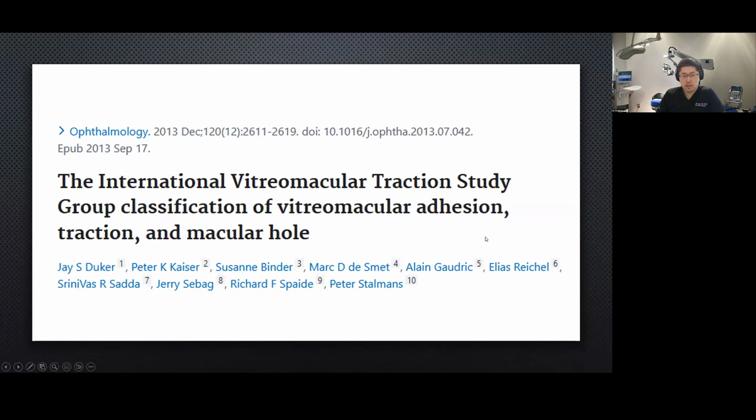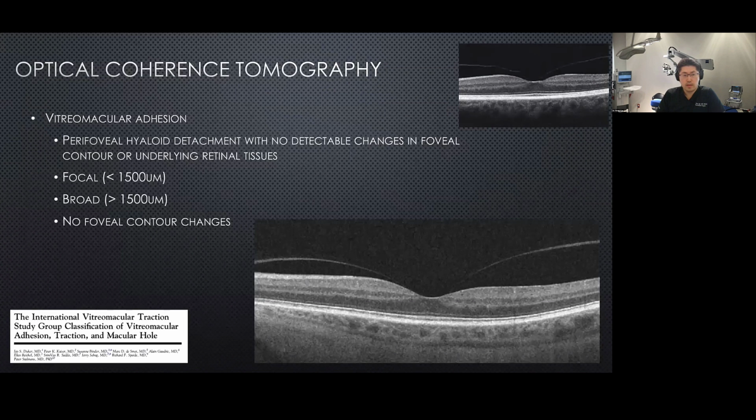Everything we discuss will be in accordance with the 2013 International Vitreomacular Traction Study, so that way we keep everything consistent and uniform. The first pathology is vitreomacular adhesion, and this is the parafoveal hyaloid detachment without disturbing the architecture of the macula.